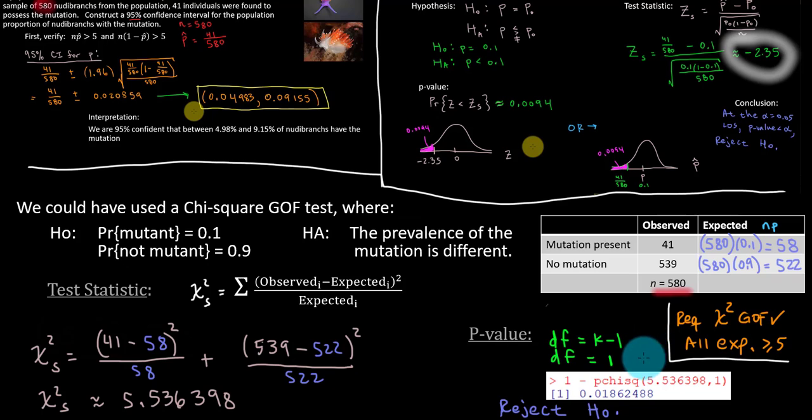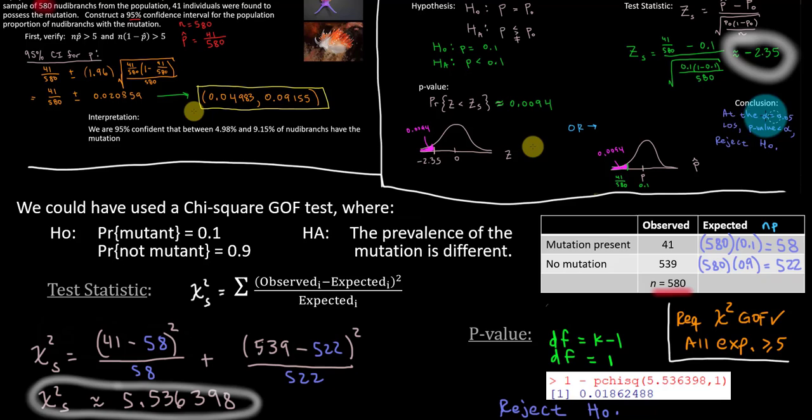Now, what is the connection that I want to make between these two tests? Not only that they resulted in the same conclusion from a different perspective, but I do want to point out the connection in the test statistics. It may not be clear at the moment, but I will hopefully make it clear. I've got them both circled here.